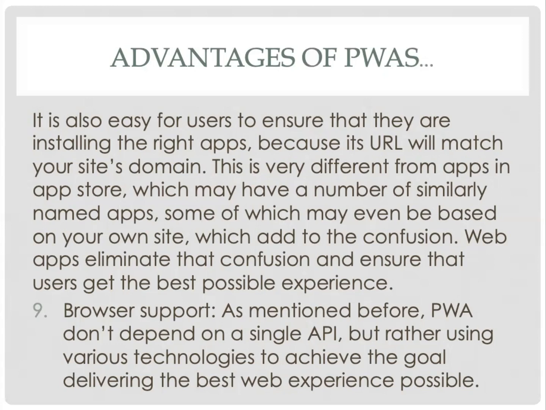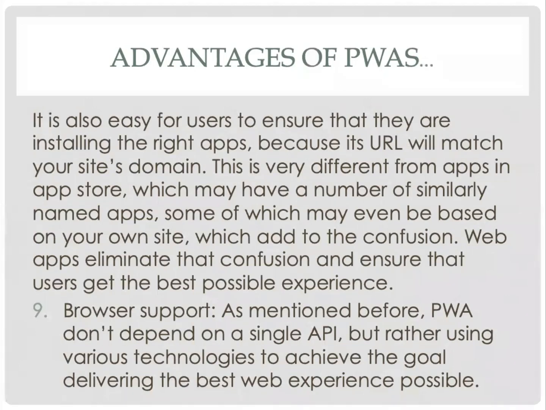Now, here what I can say is, when you have apps in the app stores, on iOS or the Play Store, there's a possibility of names matching. But when you come to a web app, you normally need a specific domain for your website.